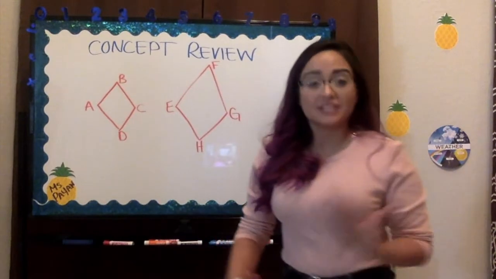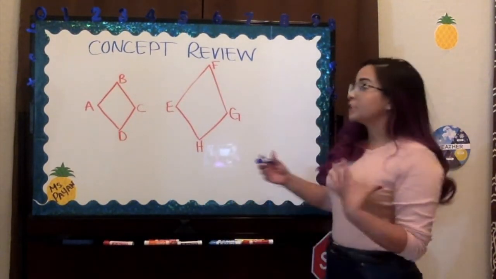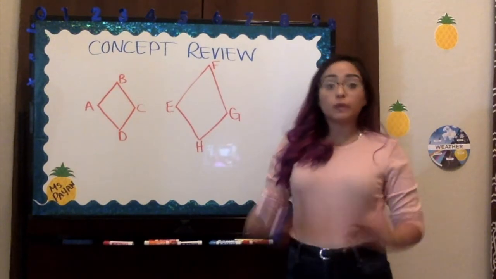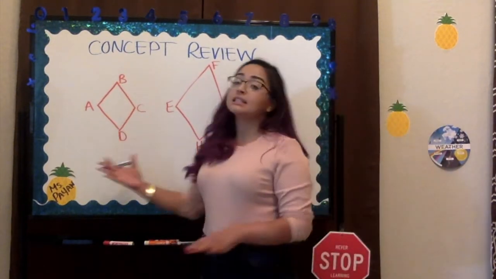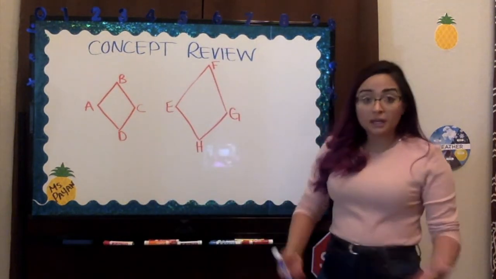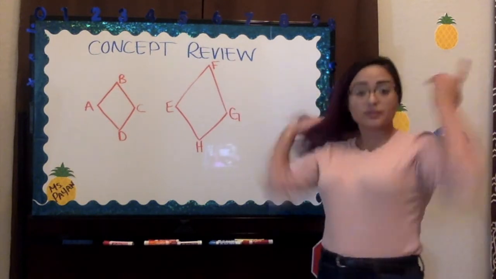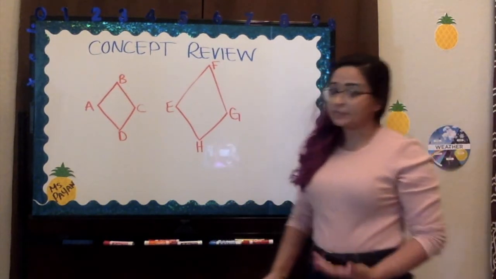Now, moving on to the next concept we're going to be reviewing today is proportions and similar figures. We learned how to write these figures as their correspondence as well. So, let's get ready to do so. Thinking back on how we did it.